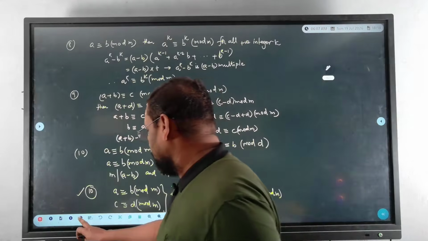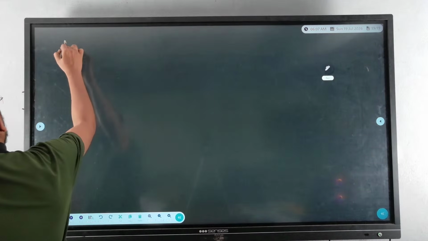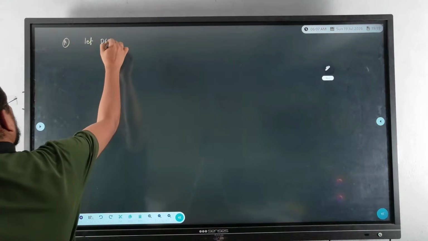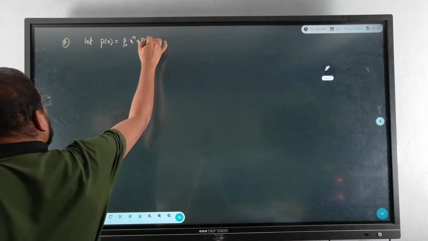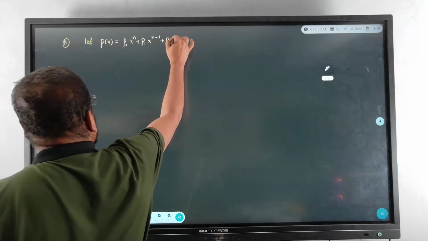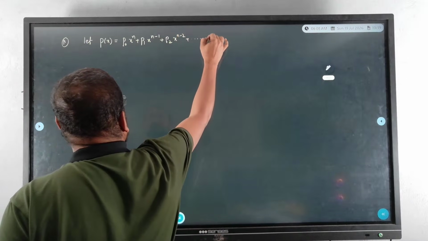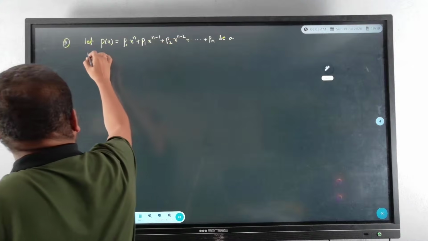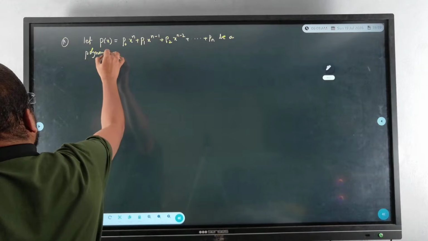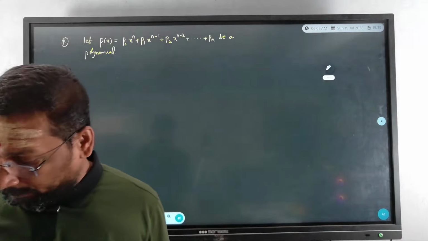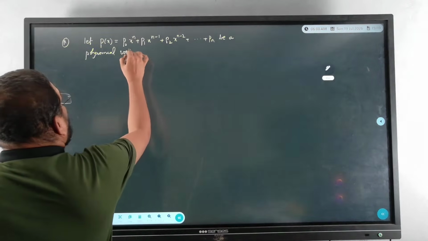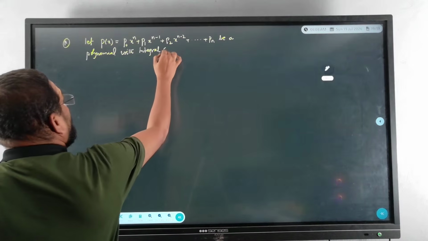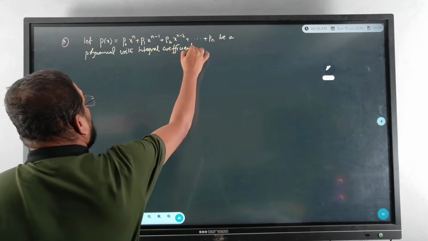Okay, now see, next one. Let P of x equal P0 x power n plus P1 x power n minus 1 plus P2 x power n minus 2 and so on plus Pn be a polynomial with integral coefficients.